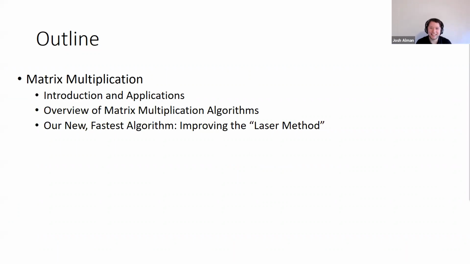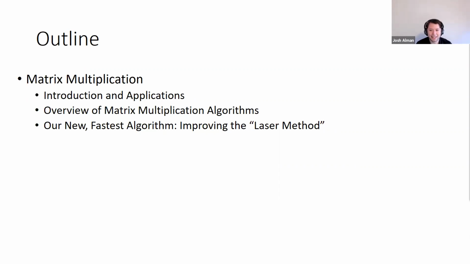And then I'll tell you a bit about our new fastest algorithm for matrix multiplication that I recently designed with Virginia Vassilevska Williams. Our new algorithm comes from improving a key technique used in these algorithms called the laser method. So I'll tell you about what that is and how we improved it.